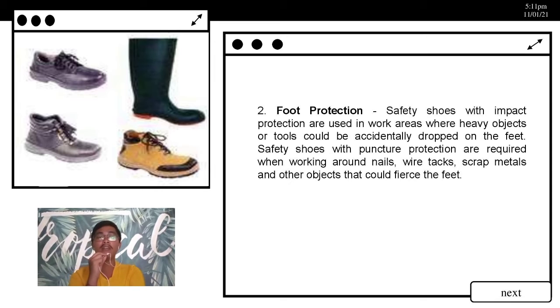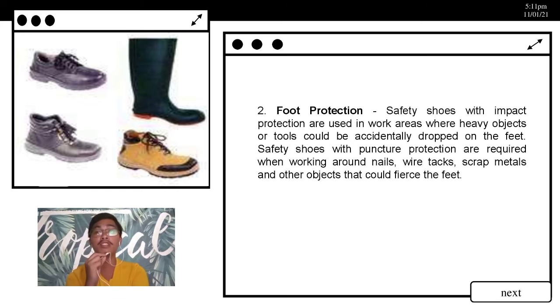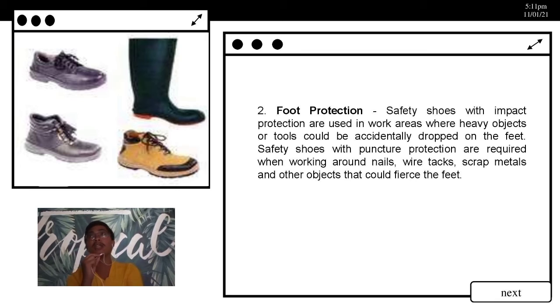The other one is the safety shoes that would protect you from punctures. These are thick since they would protect you from piercing by nails or wire tacks or scrap metals, which you can easily get pricked by. It would really protect you. So let's proceed to the classifications of it.